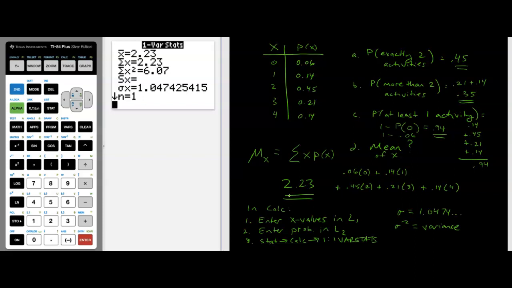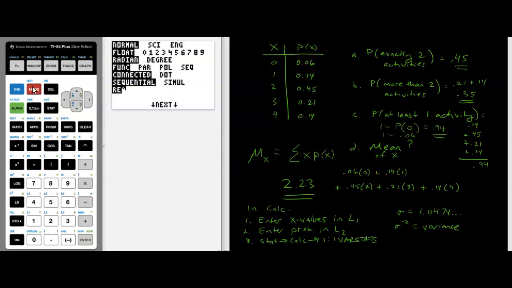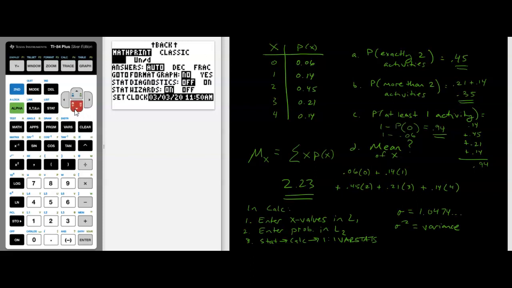Now, not all of you are going to have a calculator set up that looked like mine. Some of you are going to have the calculator set up that we've talked about before. I'm going to make a little bit of a change here. I'm going to take my stat wizards off. You typically want them on so that you can have a setup like what I just had.